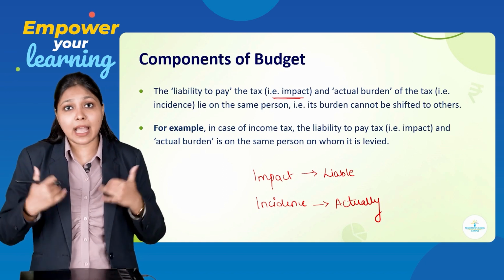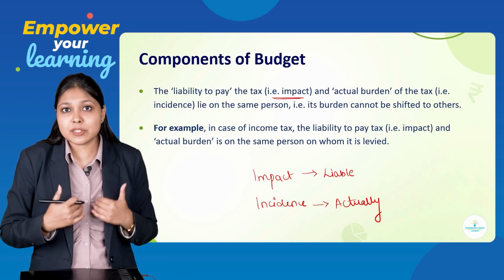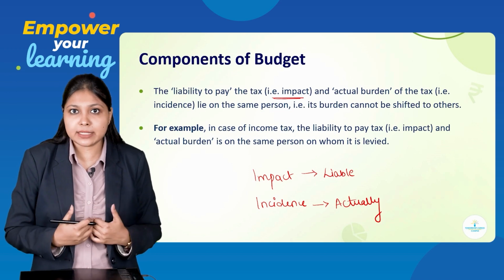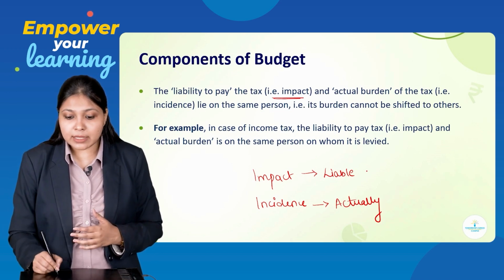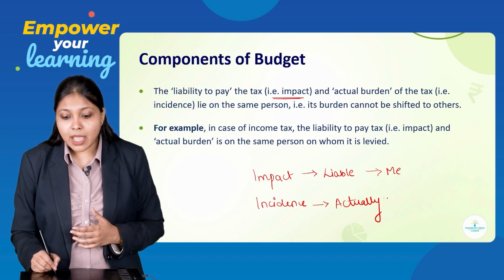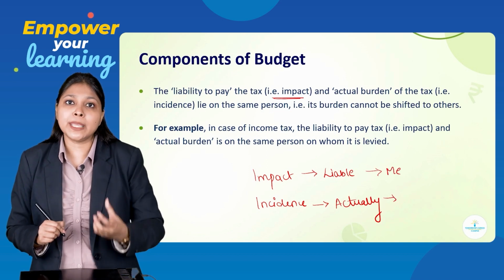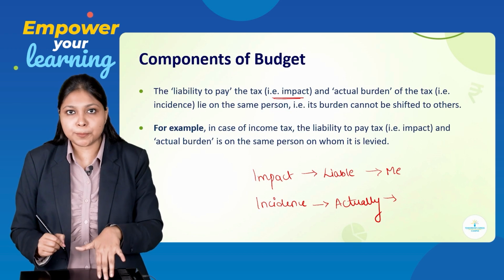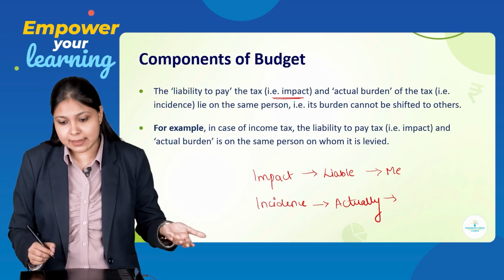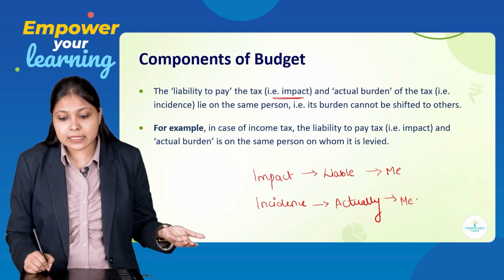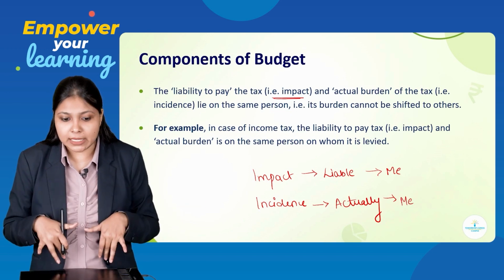As I said, I am earning, so I am responsible, I am liable to pay the taxes. So, the impact is on me. And actually, when it comes to paying the taxes, I am the only one who is going to pay it. I cannot shift my burden of paying tax onto anybody else. So, again, the incidence is also on me, right?